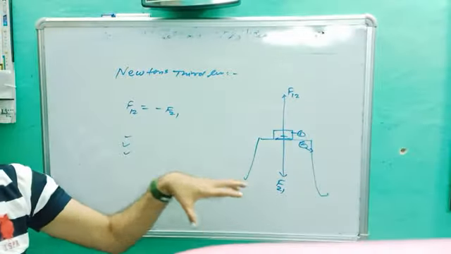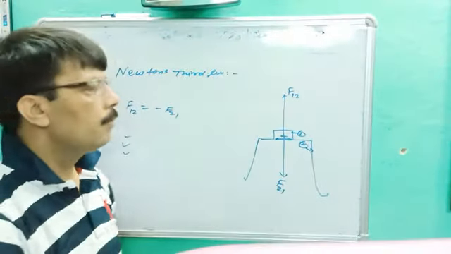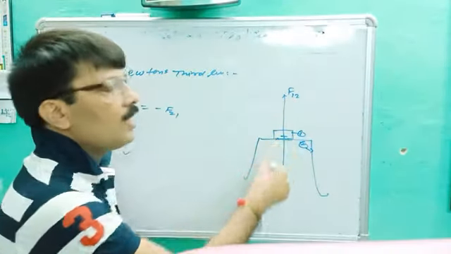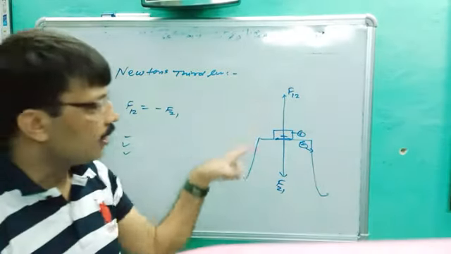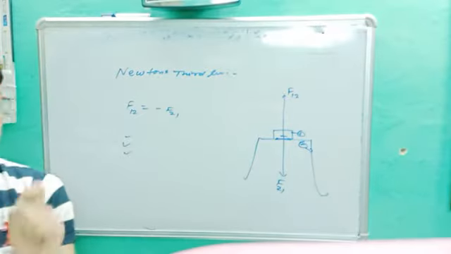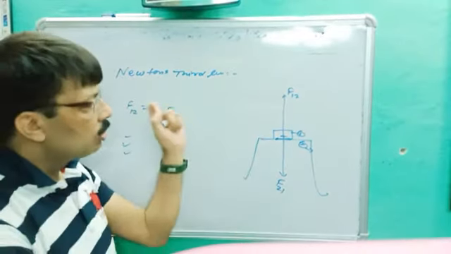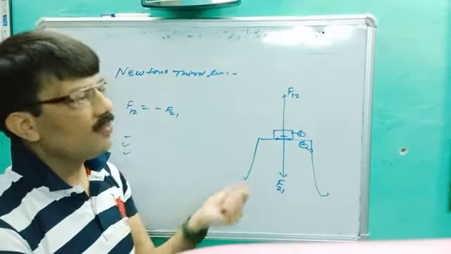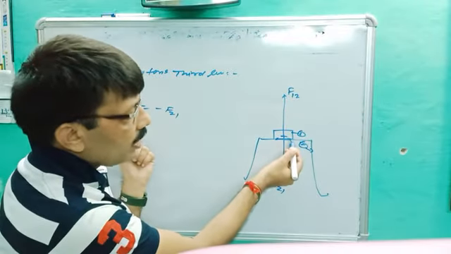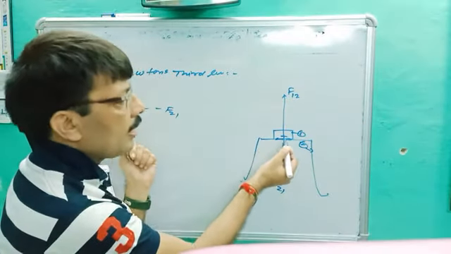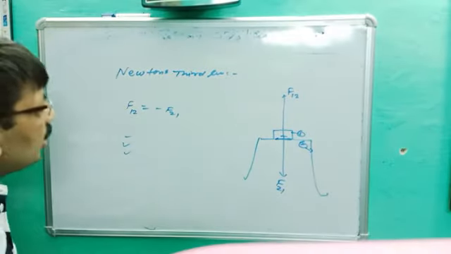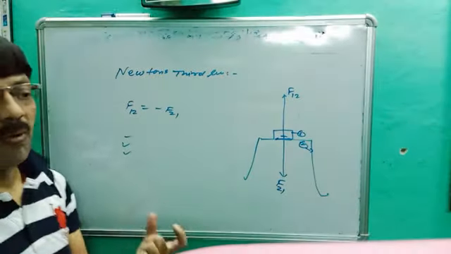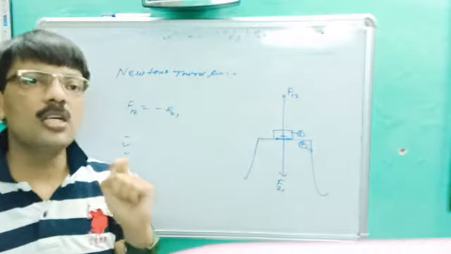Action and reaction will not cancel out each other because they work on different bodies. The action is working on the table and the reaction is working on the bricks. So since they work on different bodies, they will not cancel each other.